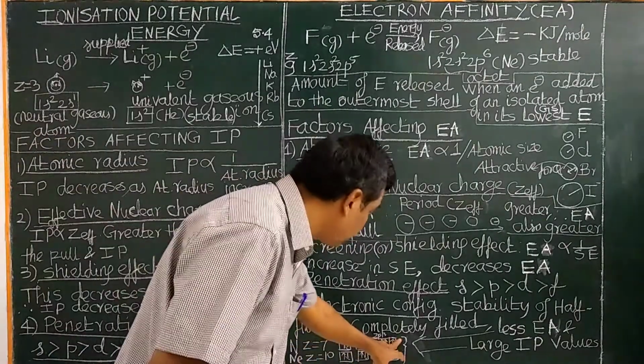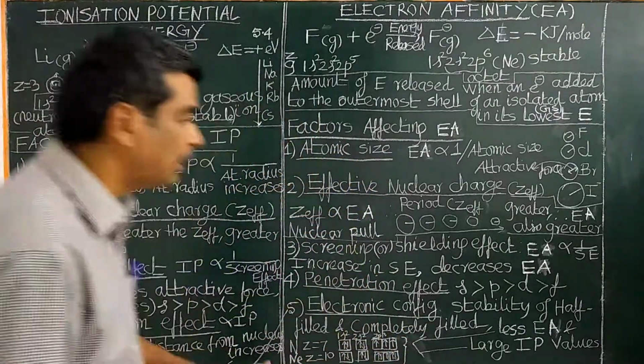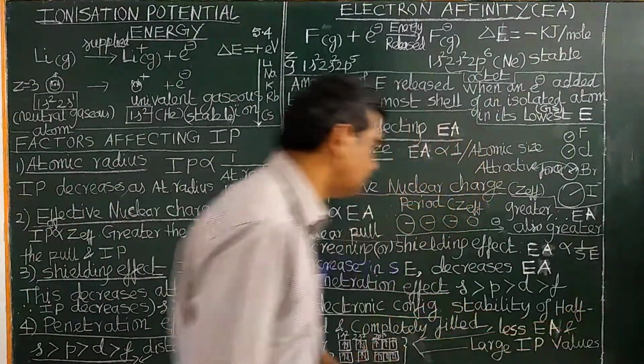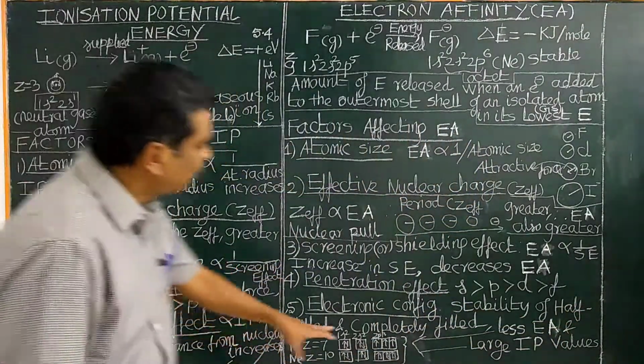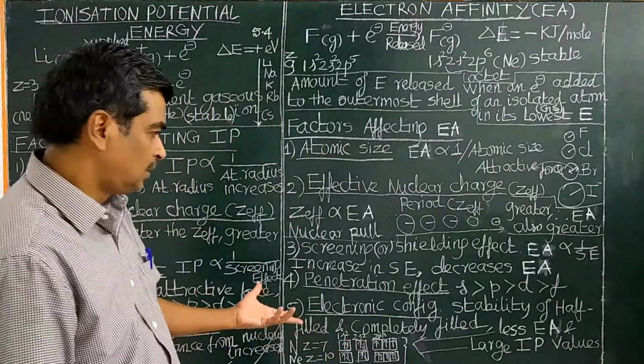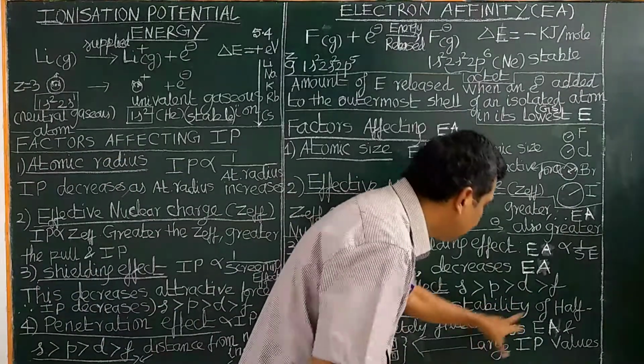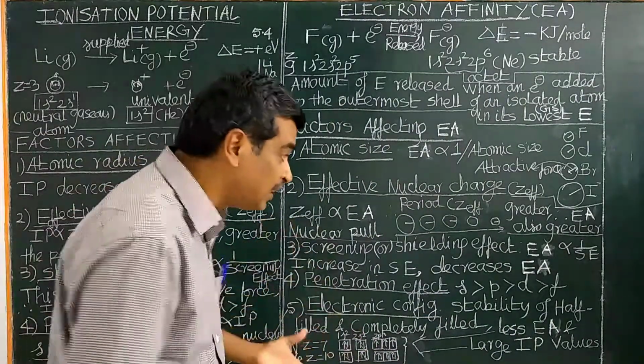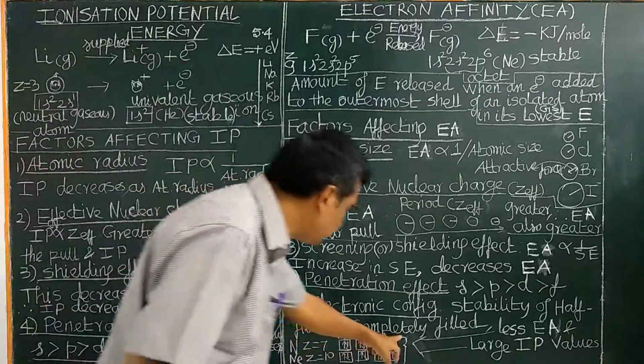This is a half-filled orbital and is more stable. Therefore, ionization potential will be large. Similarly, it won't accept an electron, so there is less electron affinity, because there is no tendency to accept an electron.